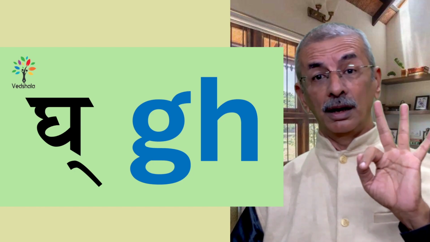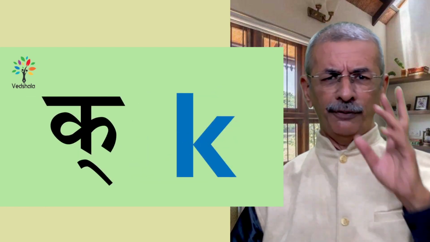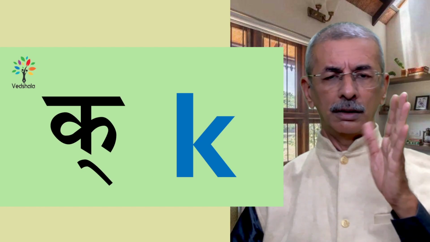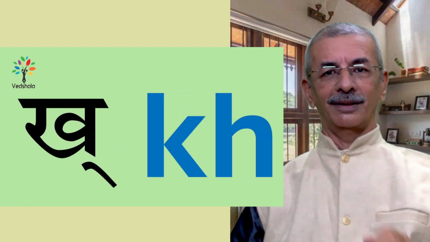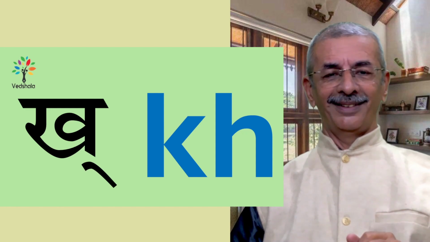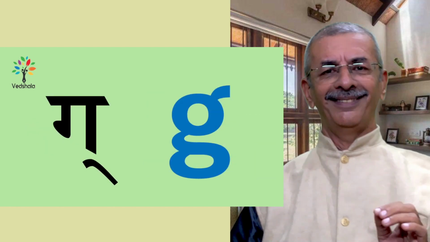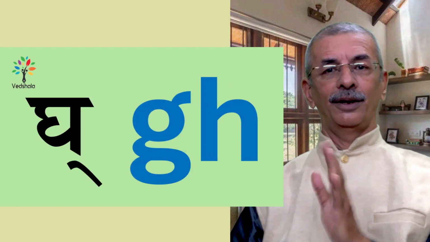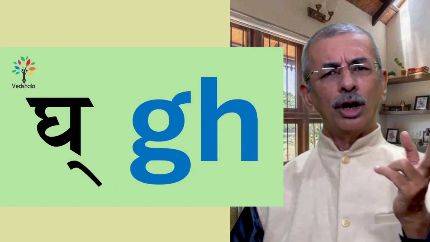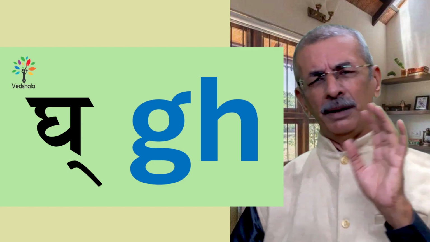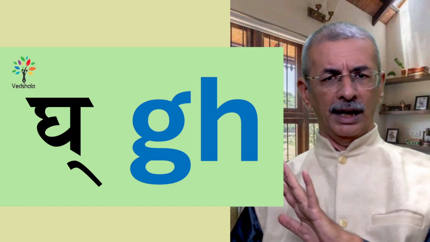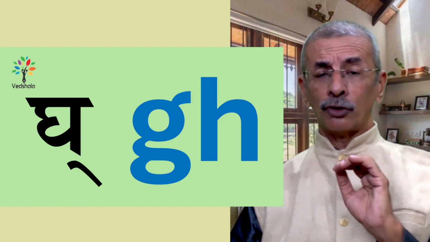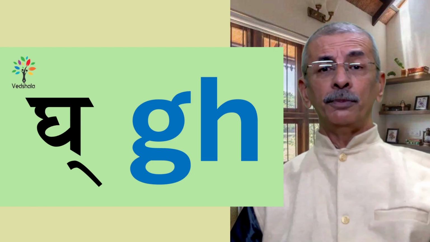But if you closely observe, Ka, short, Kha, long, Ga, short, Gha, long. So these are alternate alphabets. They are beautifully and very logically arranged in Sanskritam. So there are no assumptions and presumptions.